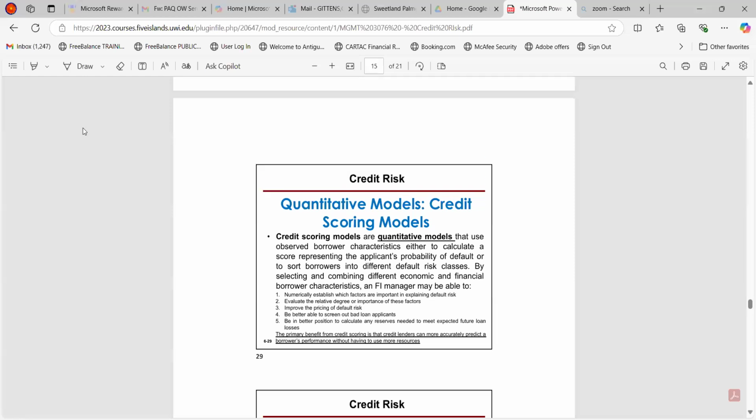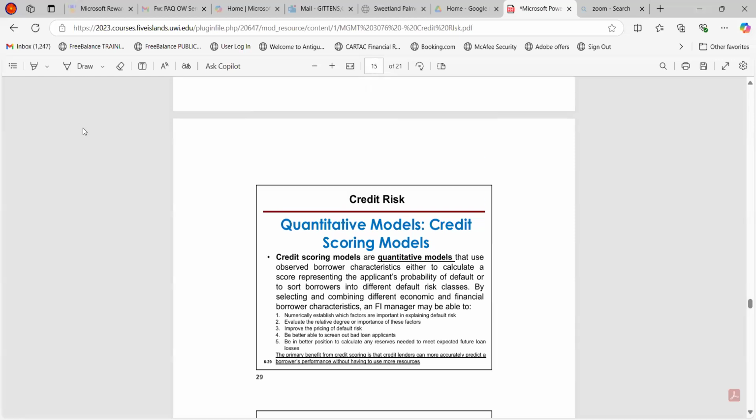There are quantitative models, where you are scoring the person. Credit scoring models are quantitative models, and these use the characteristics of the borrower to calculate the score, which represents the applicant's probability of default, or to categorize borrowers into different default risk classes.